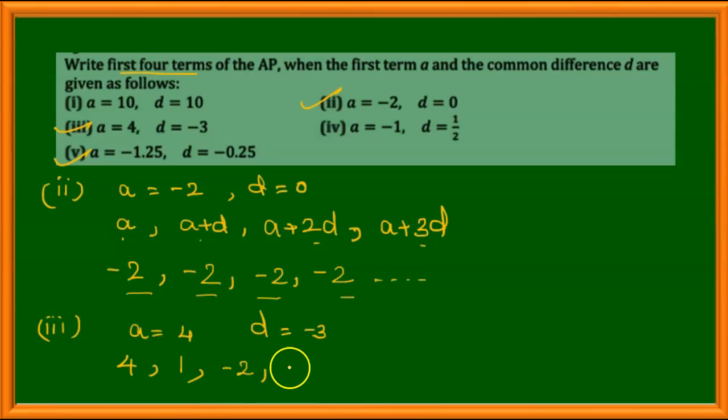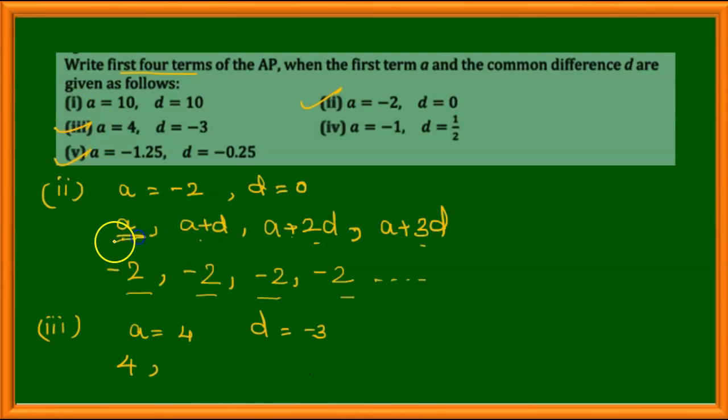One more. Minus 2 minus 3 becomes minus... A plus 2D is what we are getting here. This one you have confusion, right? Let us start with the first term.